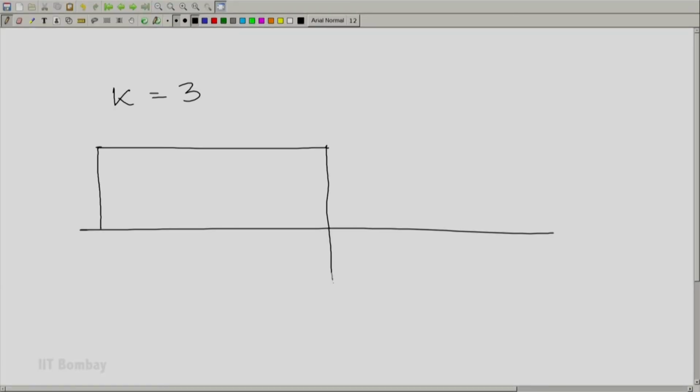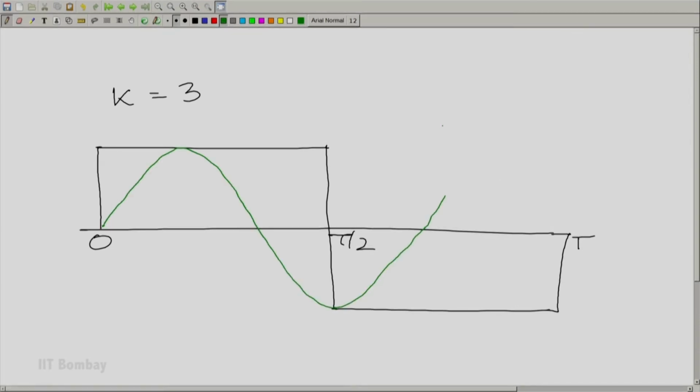Now, let me draw for k equal to 3 and you will see the pattern. Let me first show you the sketch. With k equal to 3, you are going to have 3 full cycles. Of course, you had 1 half cycle and another half cycle, and in the other case you had just 1. Now, here you need to have 3.